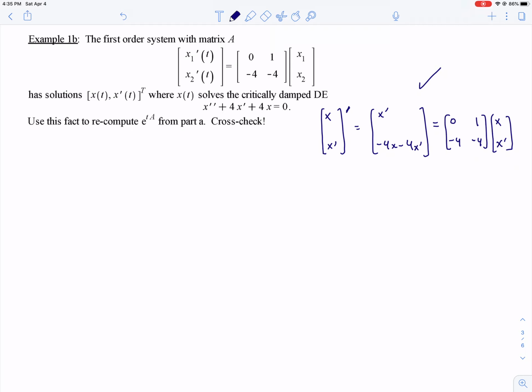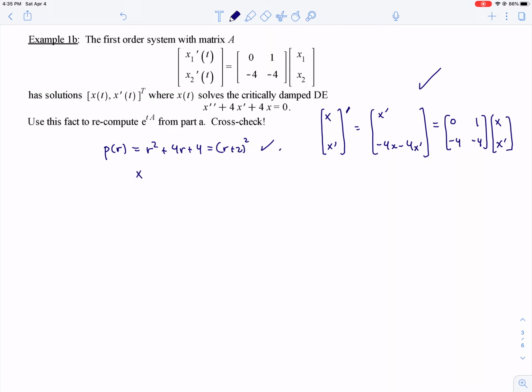So we know that the characteristic polynomial for the second order DE is the same as for the matrix, but let's double check: r squared plus 4r plus 4, which is r plus 2 squared.